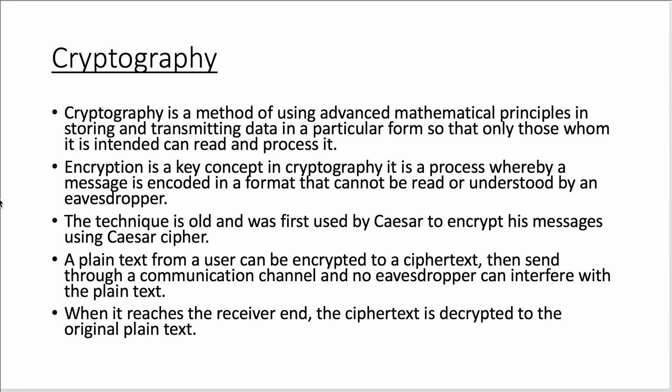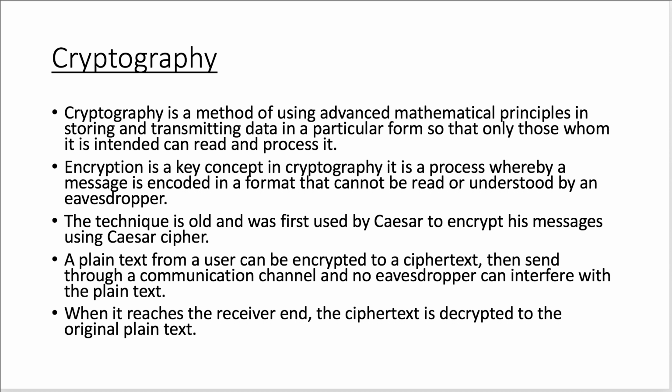It is a process whereby a message is encoded in a format that cannot be read or understood by an eavesdropper. The technique is old and was first used by Caesar to encrypt his messages using the Caesar cipher.